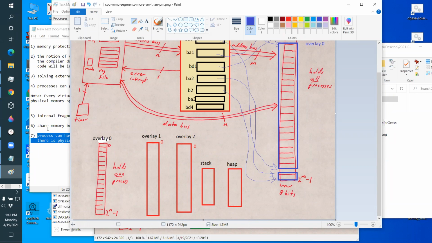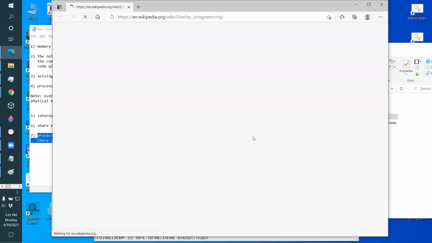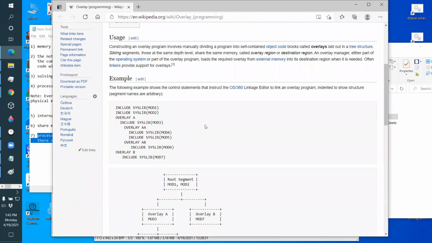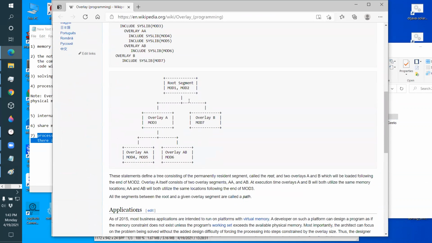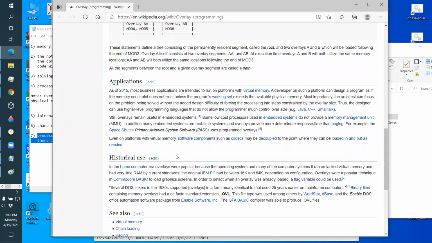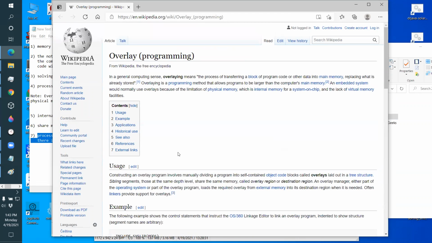Okay, there's a Wikipedia page about this overlay programming. People really did something like this, overlay A, overlay B. It was specifically a way of running programs that were bigger than physical memory.